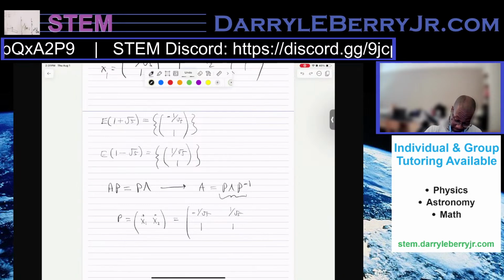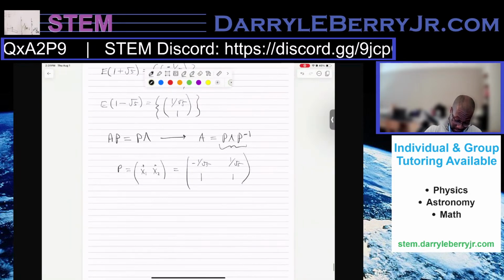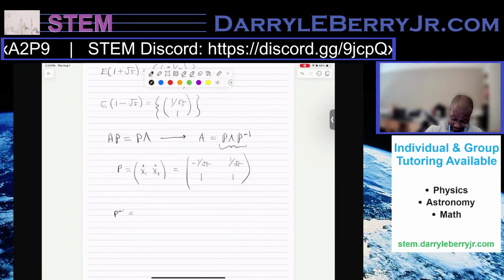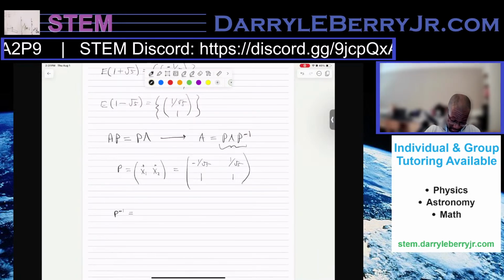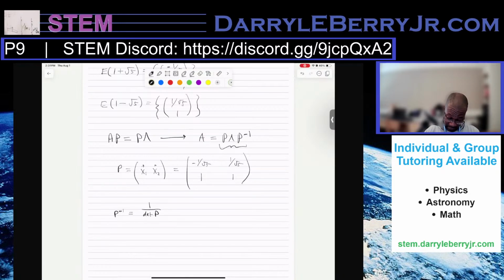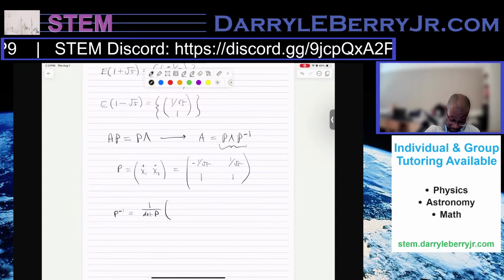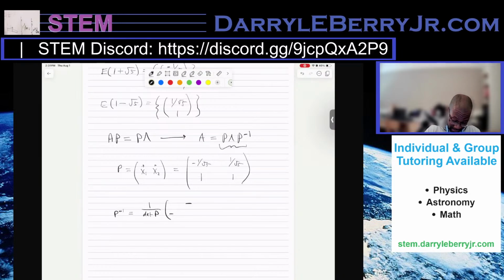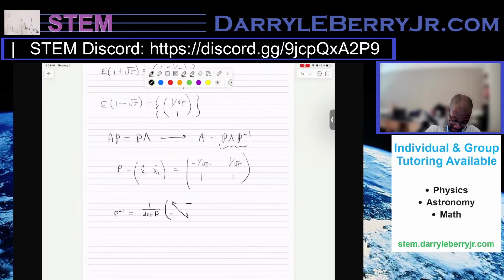So that's my P. And P inverse is literally the inverse of that, but it's going to be 1 over the determinant of P. And to make this an inverse, you just take the negative and you swap these.